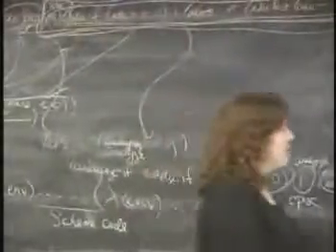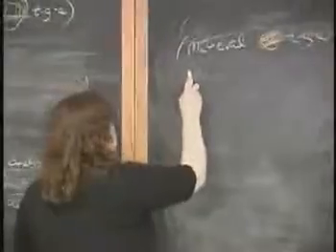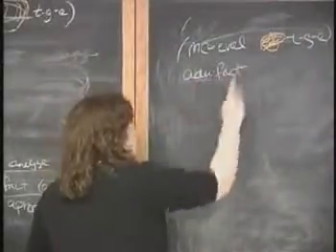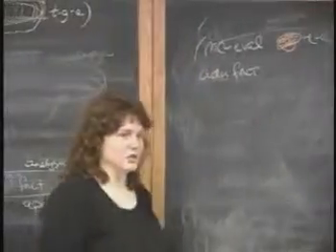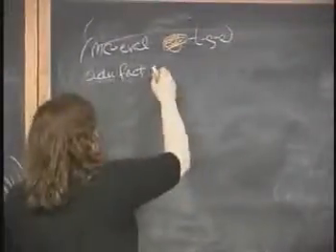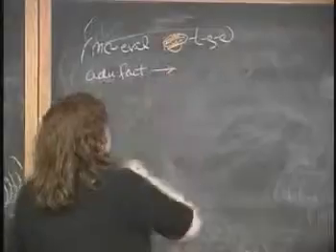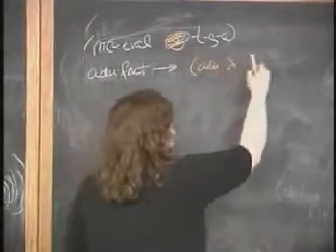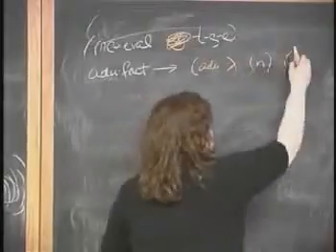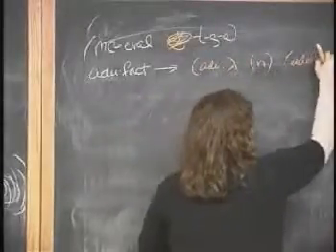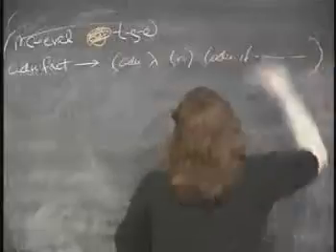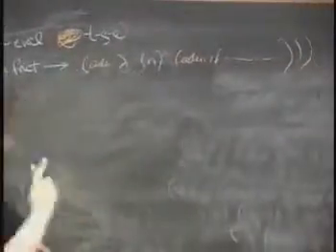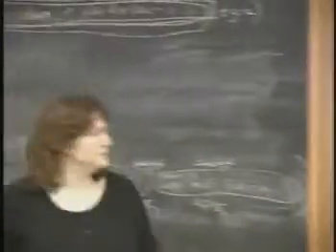What's going to end up happening is that we're going to have ADU fact bound to a lambda expression, ADU lambda of n, ADU if, which means, this is where it happens.